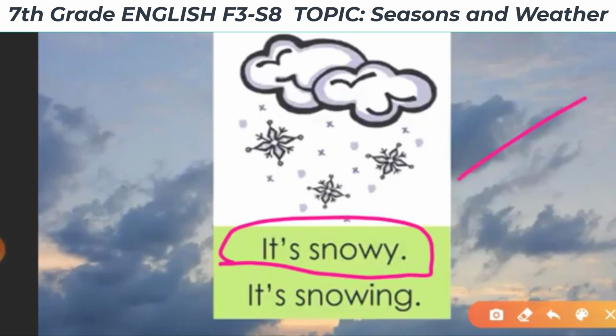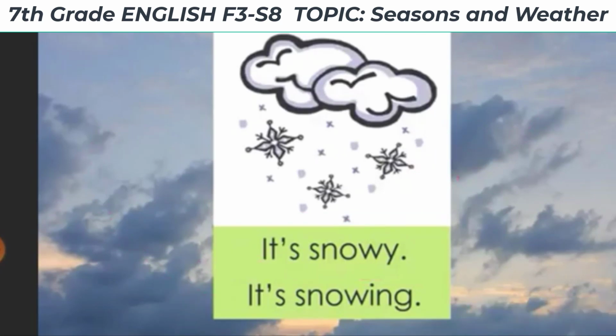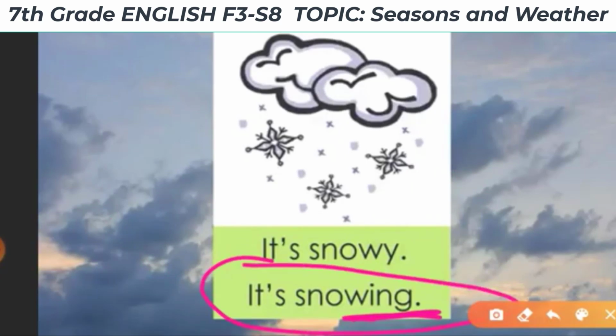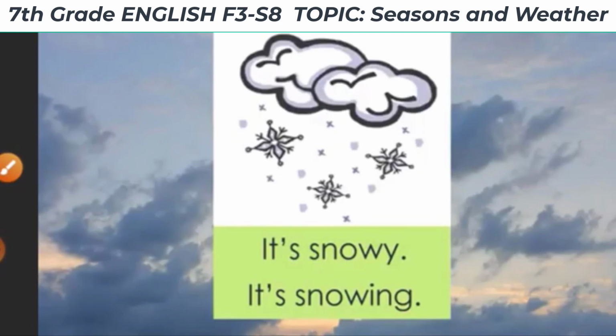That's snowy. El clima está snowy, está nevado. But when we say it is snowing, quiere decir que en este precise moment, right here, right now, it is snowing, okay? So pay attention to that.